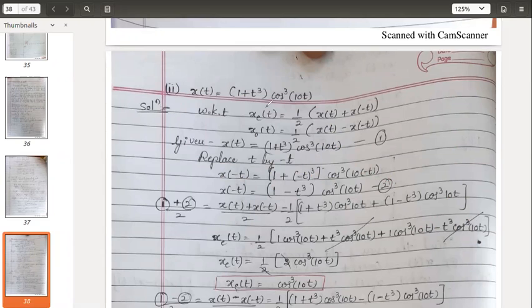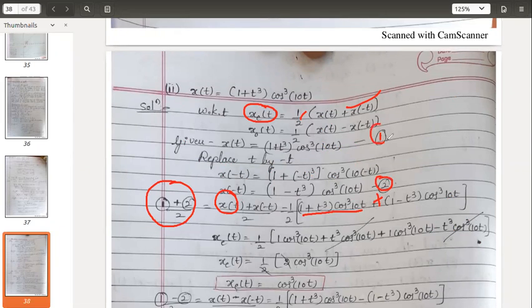So we have both equations 1 and 2. What will we do to get the even part? We will add them and half the amplitude. So I have written that here. 1 plus 2 divided by 2 will give you the even value, which is the original signal x of t, that is 1 plus t cube cos cube, plus what is reflected, equation 2.